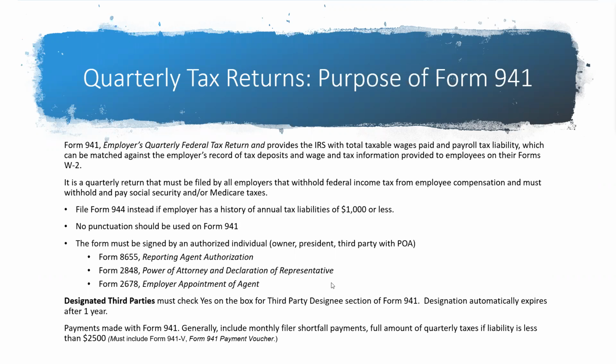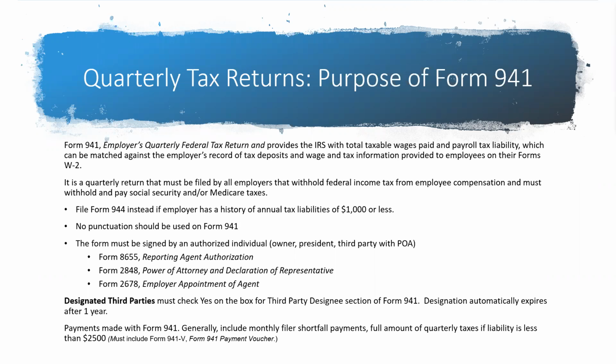Forms 941 have to be filed and signed. They have to be signed by an authorized individual. They can be signed by a reporting agent, but if you are having it signed by a reporting agent, then you must have Form 8655 on file, which is a reporting agent authorization to be able to file and pay taxes on behalf of a different employer. So keep that in mind.